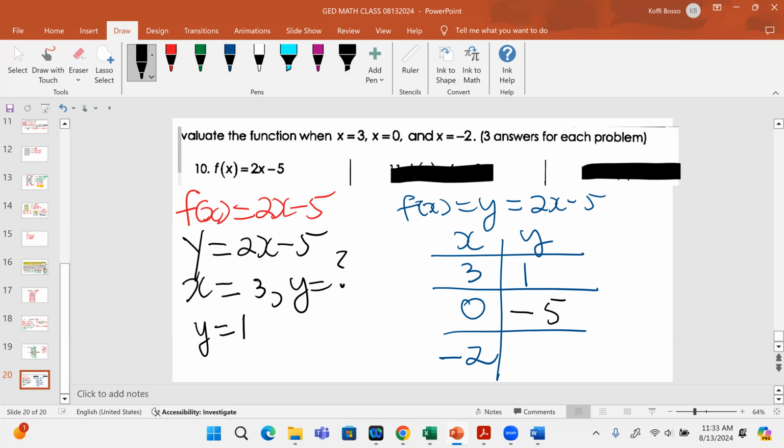And when it's -2, what do we get? -9. Because we have -2 times 2. Let's write it. You have 2 parenthesis -2 minus 5. That gives you -4 minus 5, which is -9.